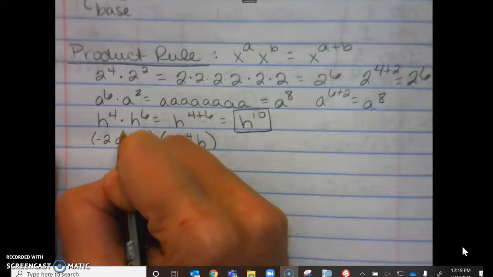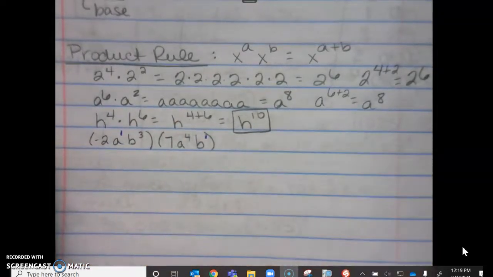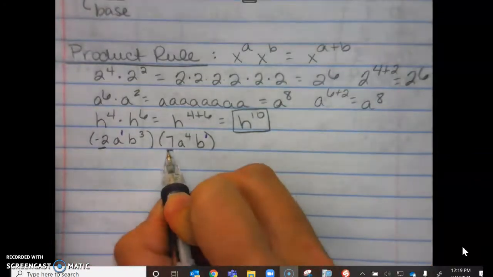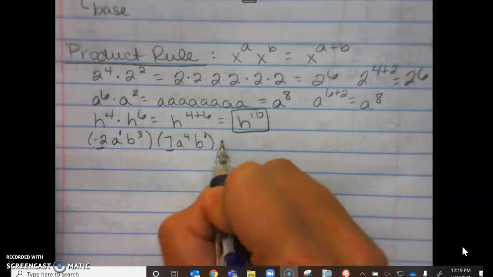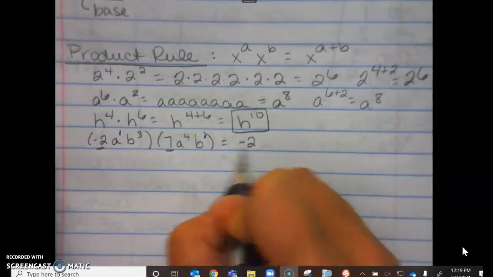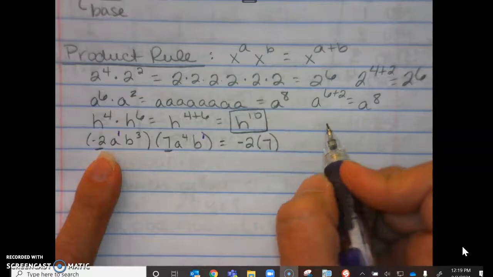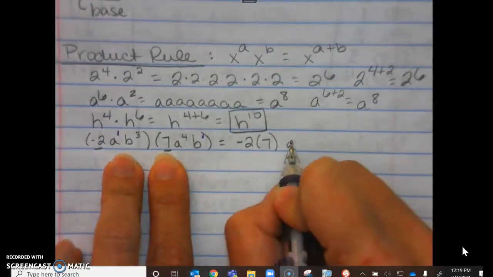If there's no exponent, it is an exponent of 1. So it's kind of like terms. Coefficients do not apply these exponent rules. Coefficients just do whatever the original operation is. So this is negative 2 times 7, but then we have our exponents, and we can do our exponent rules.